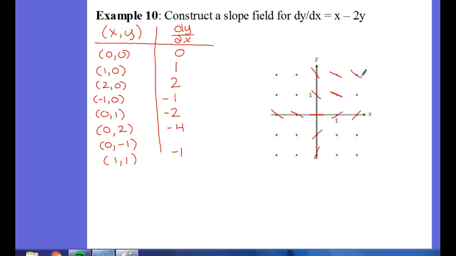And (2, 1) would give you 2 minus 2, which is 0, so it's a flat line. Go ahead and finish out your other points.